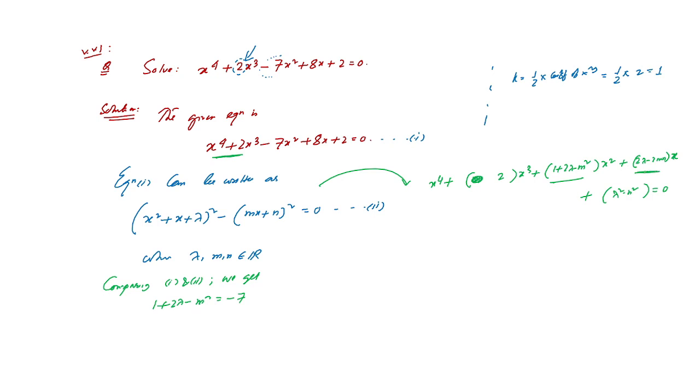Then 2 lambda minus 2mn. So 2 lambda minus 2mn is basically 8. So you will write that. Next, lambda square minus n square will be 2. So the constant part is basically 2.